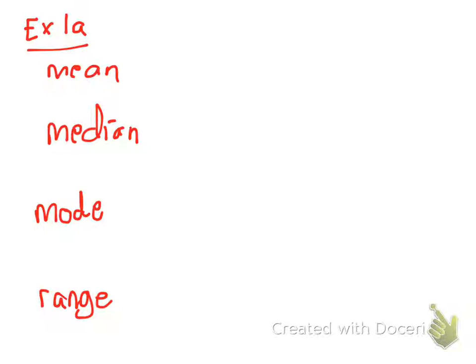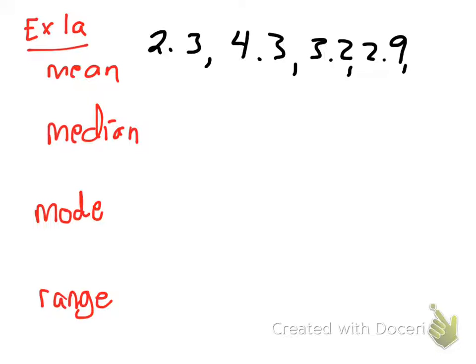So your data set is 2.3, 4.3, 3.2, 2.9, 2.7, 2.3. Go ahead and pause the video. Once you've solved for the mean, median, mode, and range, press play to find out the answers.